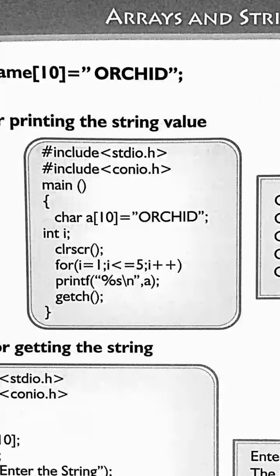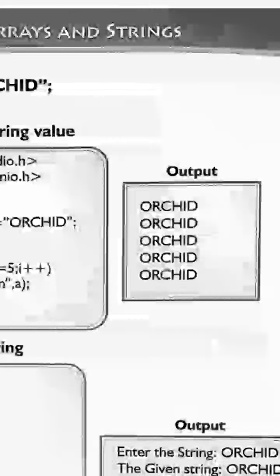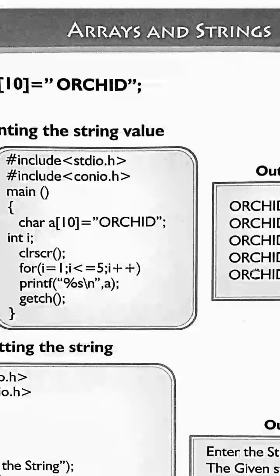So character A10 is equal to archit. Now the same for loop is being used to print the strings. So they have printed multiple times. Here you can see the for loop: I is equal to 1, I is less than or equal to 5, and I plus plus.